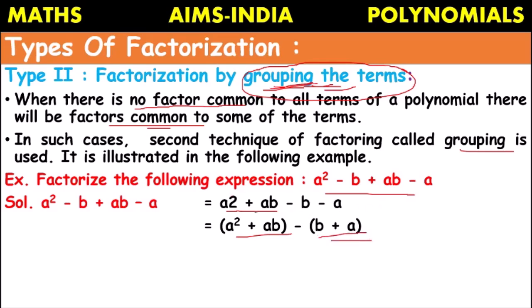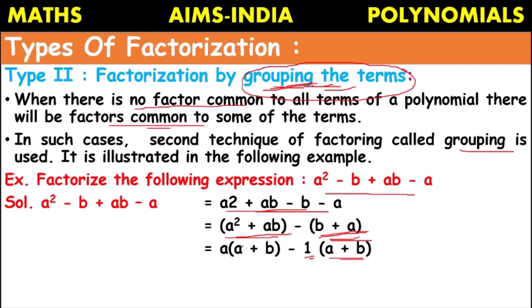Out of 4 terms, we made 2 groups consisting of 2 terms each. In the first group a is common. If I take a common, I will get a plus b. In the second group, I can take 1 as common, and b plus a remains the same, or I can write it as a plus b.